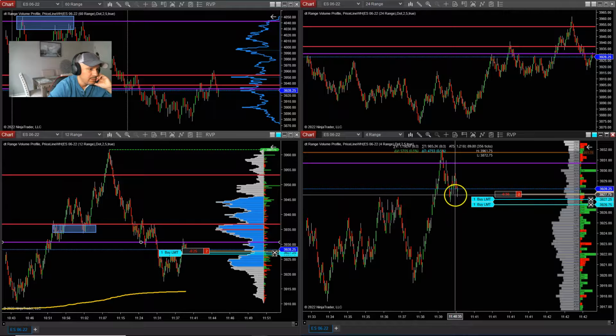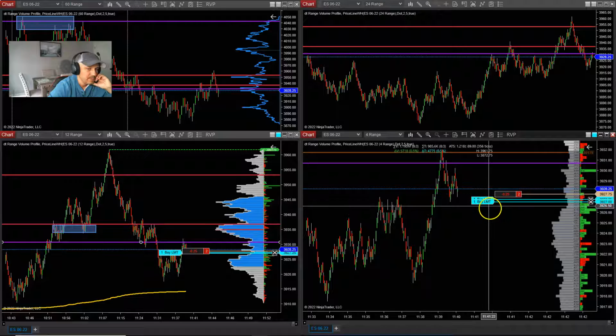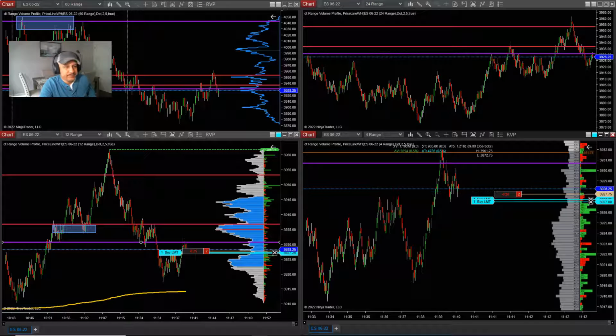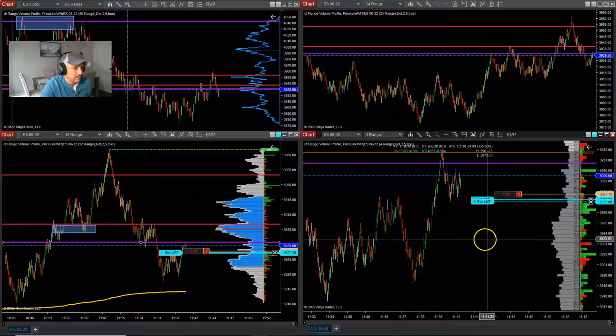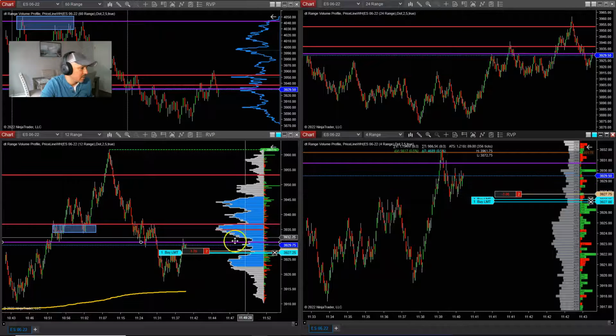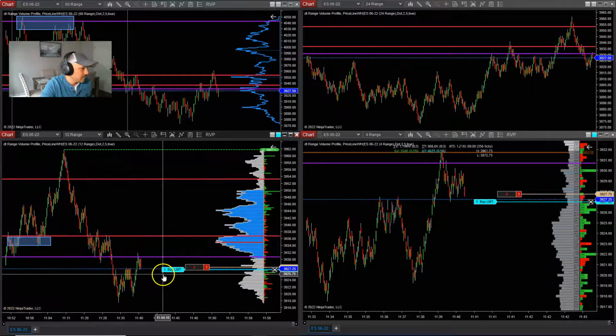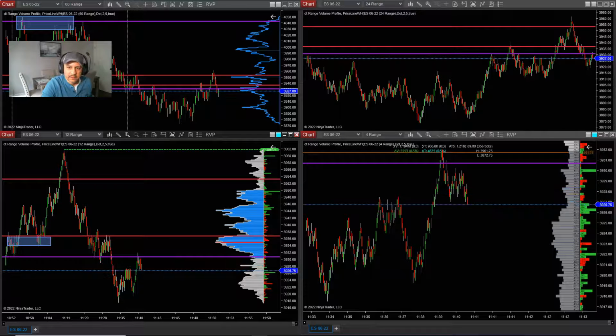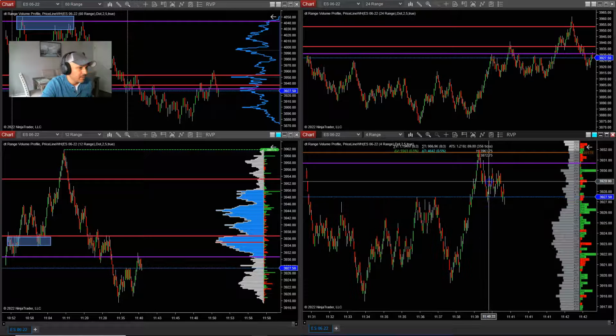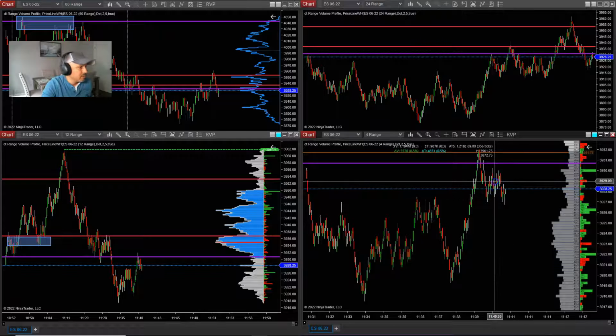Quick little scalp right here. Come on, break lower. Look at that. Hit the first contract. There we go. Okay. Market just chopped around right there, going sideways.